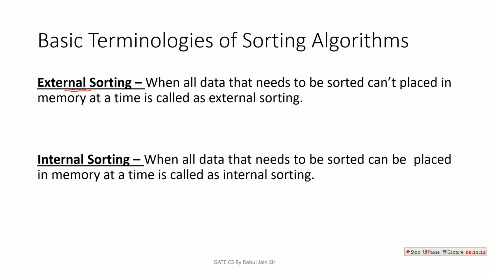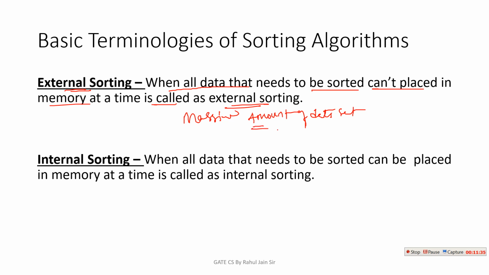Next one is external sorting. External sorting simply means that when all the data that needs to be sorted can't be placed in memory at a time, it is called external sorting. Suppose there is a massive amount of data that we want to sort.